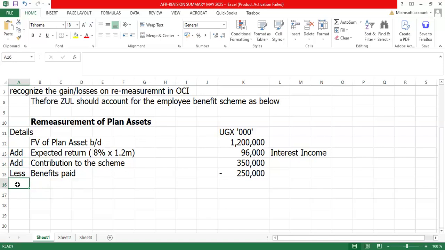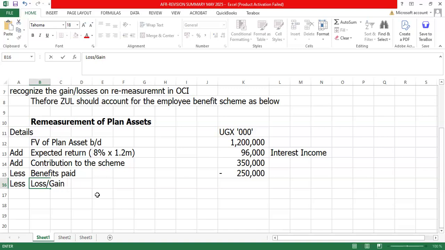Next is what we call settlements. It could be a gain or loss on settlements, on transfers, on curtailments. Remember, I talked about those words, and they are many.